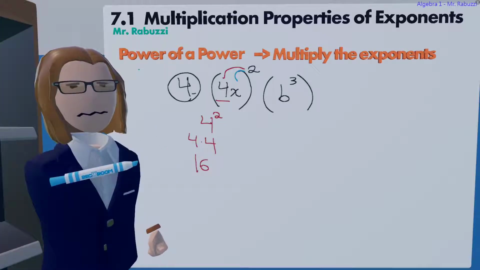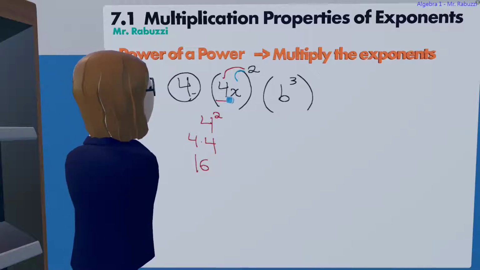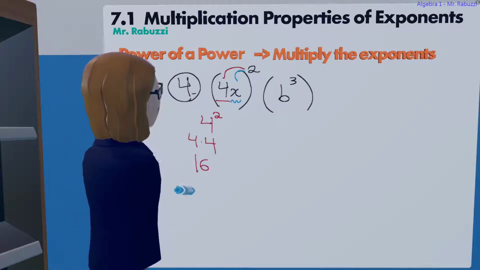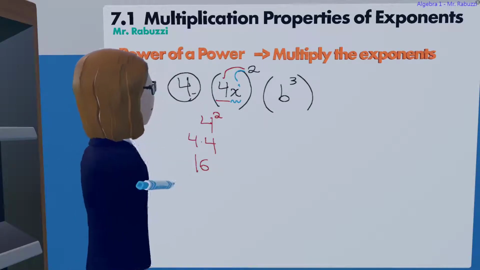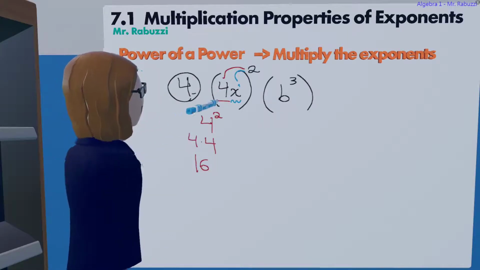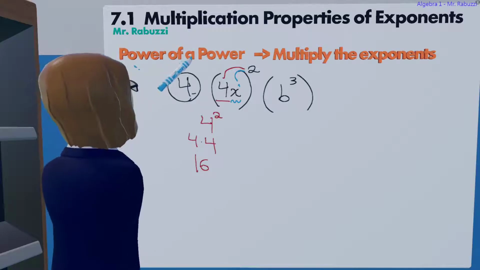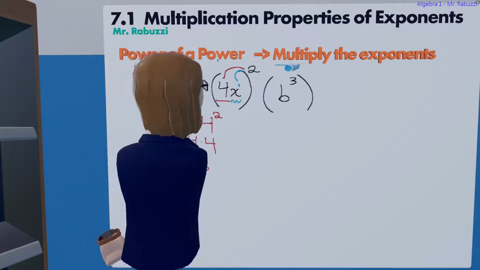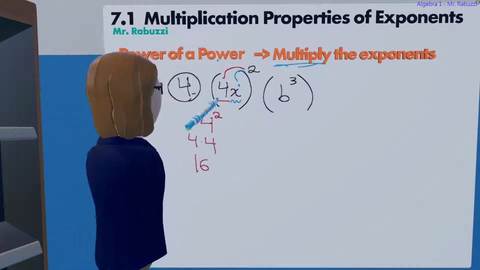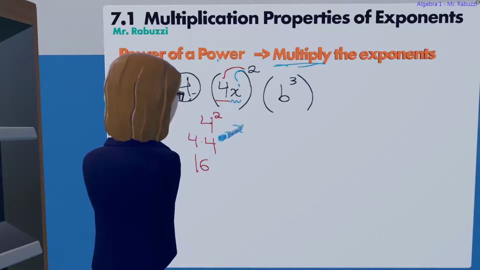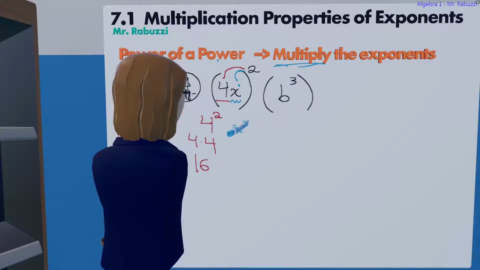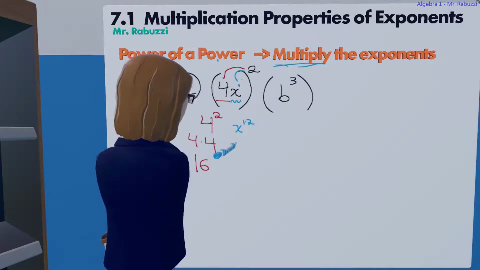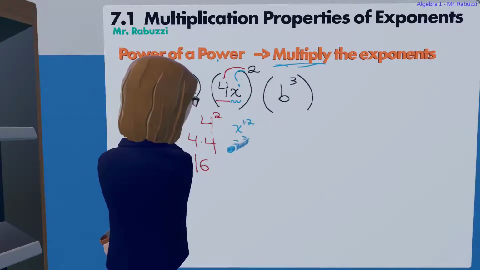Let's check the first base. We have a base x. It has an exponent. You're right. That's an invisible 1. So, power of a power, multiply. So we do x to the 1 times 2. 1 times 2, which is x squared.